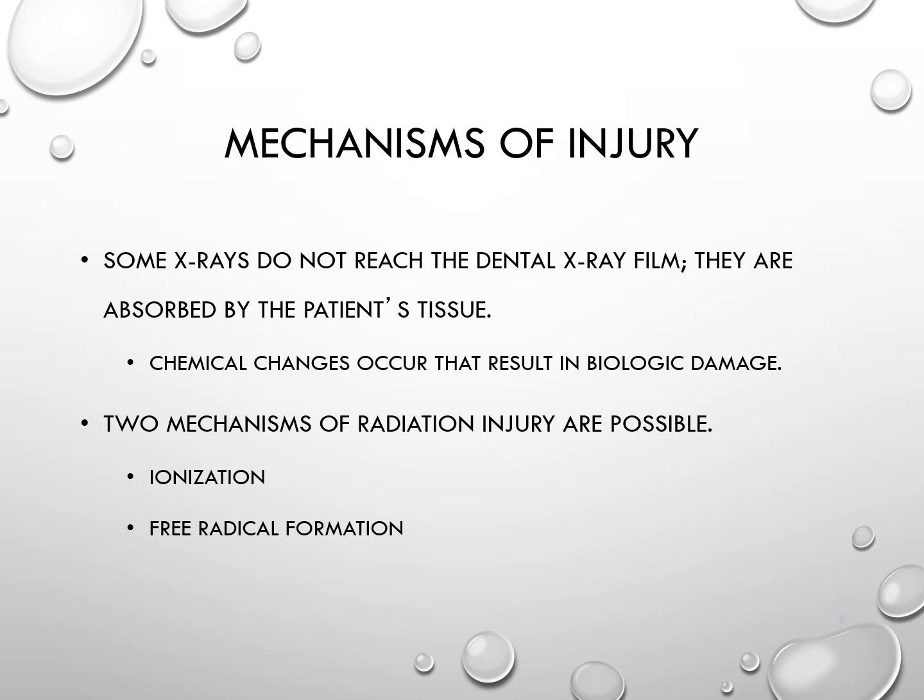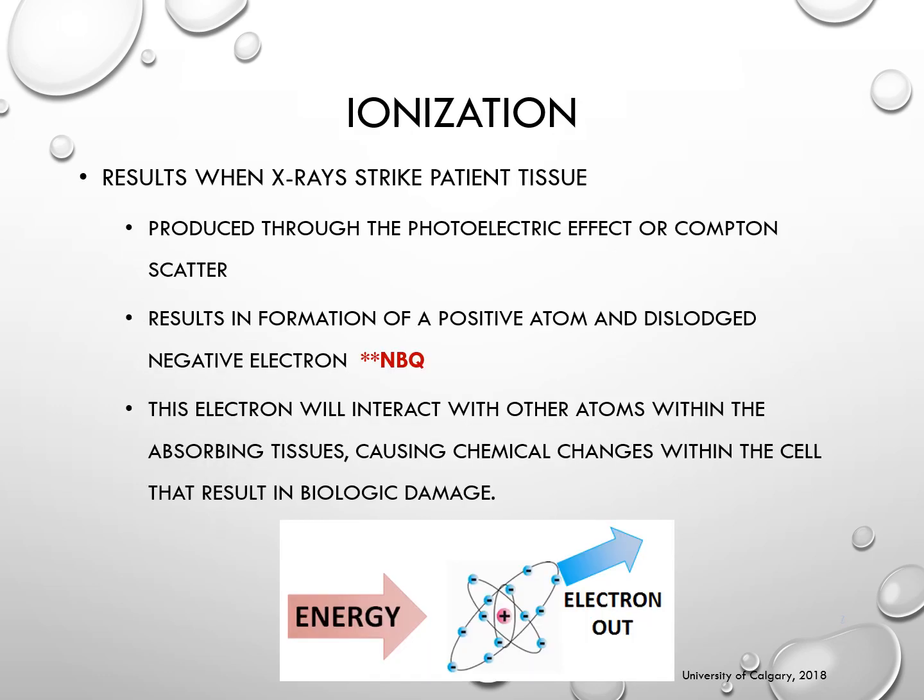There are two types of injury that occur. One is ionization, and the other one is free radical formation. Ionization is exactly what we talked about in Chapter 2. So when the X-ray strikes, the patient's tissues are made up of atoms, and when that happens, it can either produce the photoelectric effect or Compton scatter. When it results in a formation of a positive atom and dislodges that negative electron, then we get that ionization, right?